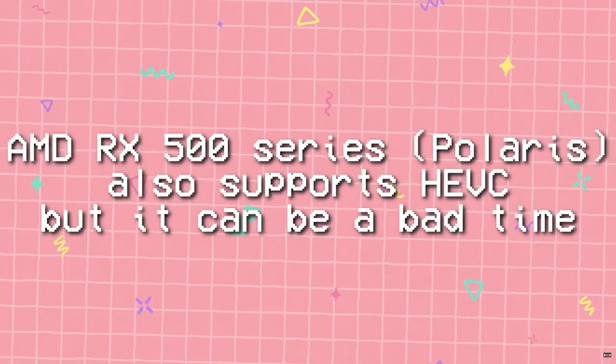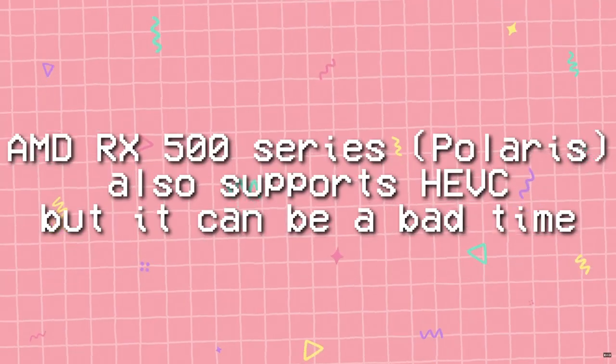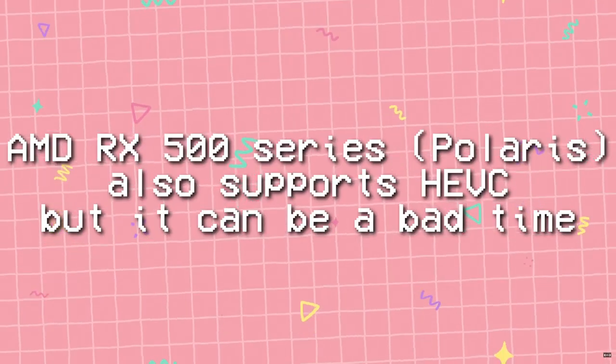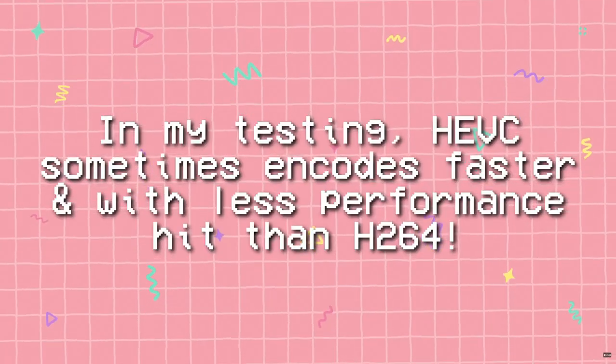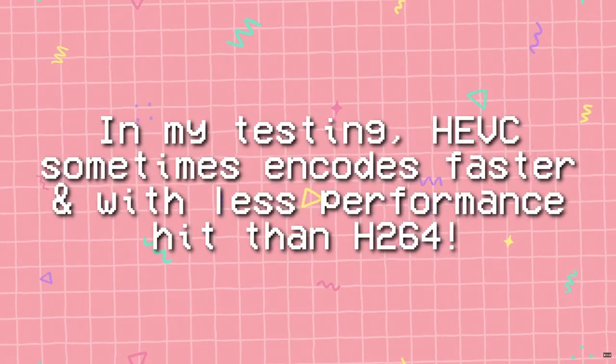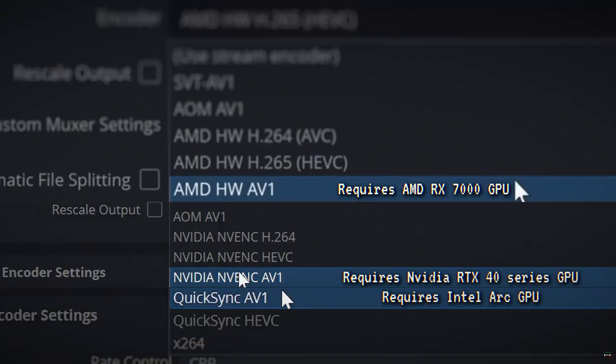The RX 580 also has HEVC, but from what I've seen, it's not worth using most of the time. Feel free to try it if you're still rocking Polaris though. This might even perform better for you than your H.264 streams did too, depending on your graphics card. If you're on NVIDIA RTX 4000 series, AMD RX 7000 series, or Intel Arc graphics cards, you can select your GPU's specific AV1 encoder as well.